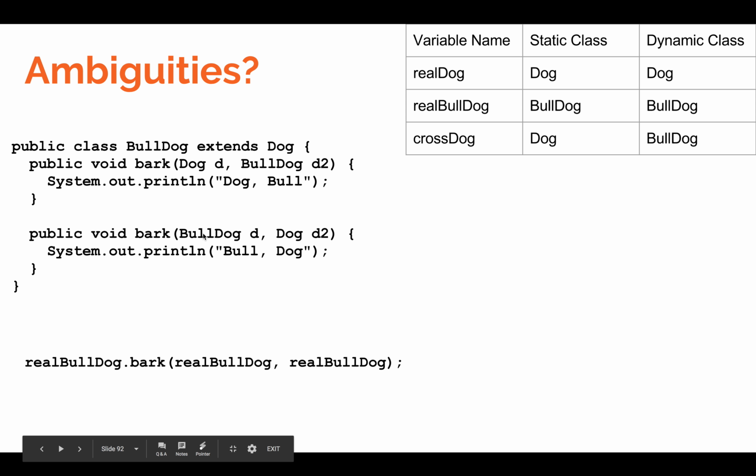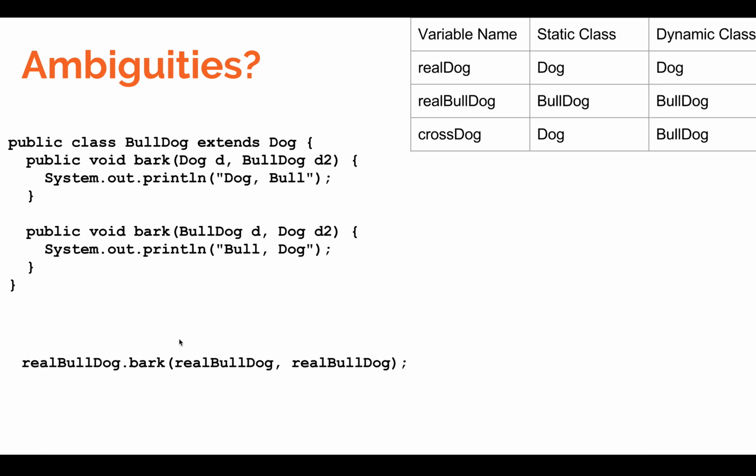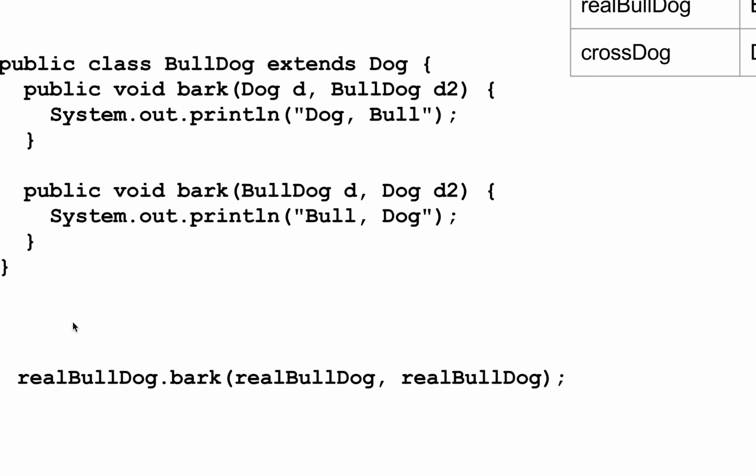It's still real bulldog, but that's a subclass of dog. Sure. But the first one, this real bulldog can indeed fit in this dog, and this real bulldog can fit in this bulldog. Similarly, this bulldog can take this, and this dog can take this.